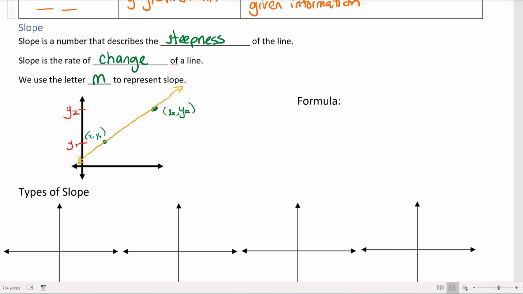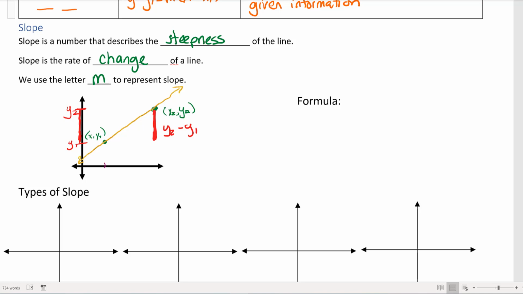The distance between y2 and y1 is going to be the vertical distance that this graph or this equation is increasing between point A and point B. So that distance that it traveled vertically is going to be y2 minus y1. You just take the top one minus the bottom one there, and then you should get that value.